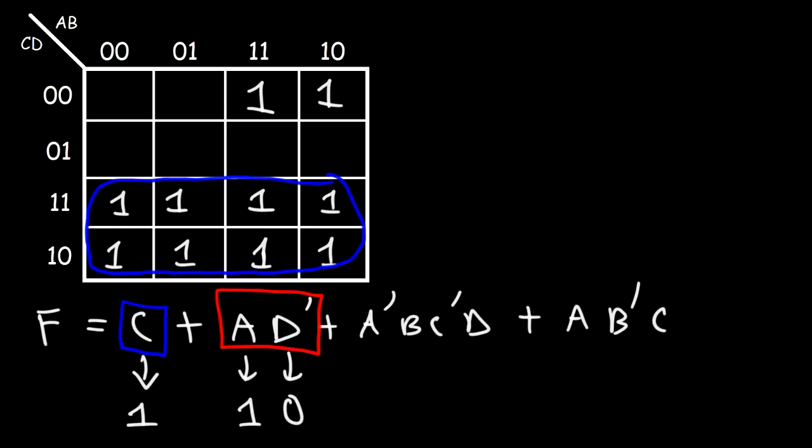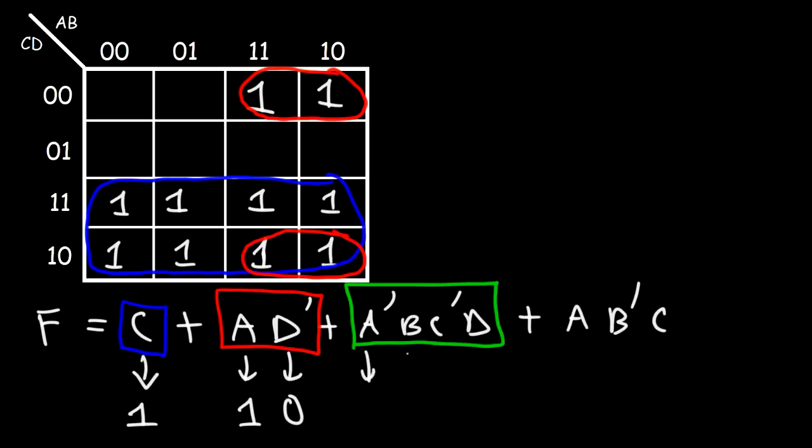So now I'm going to circle those ones with a red color. So as we can see, for a term with 2 variables, we have a total of 4 ones highlighted in red.